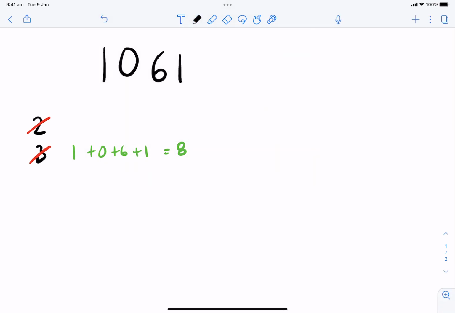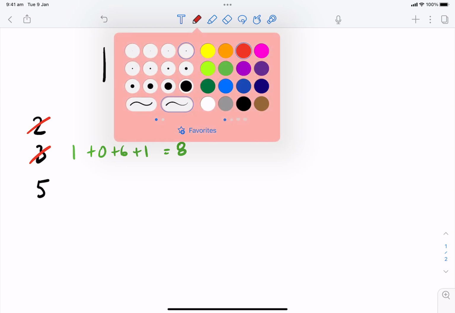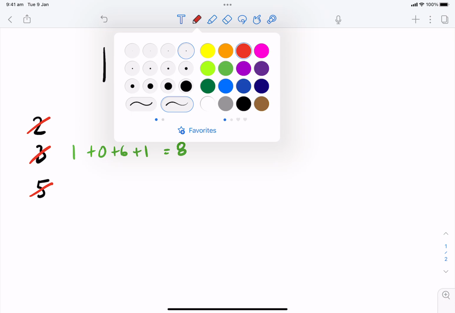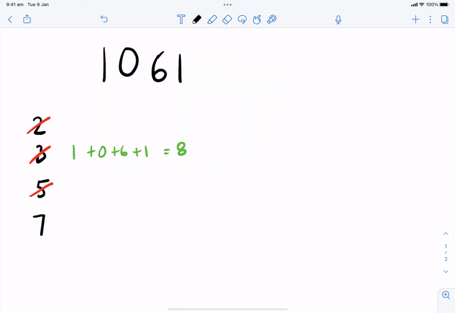I don't need to check 4. Remember, we don't need to check any of the multiples of 2, we only need to check primes. So the next one I check is 5, and it's not divisible by 5 because it doesn't end in a 5 or a 0. At this point, I'd start checking other primes, so it does help to know the list of primes that we need to check, but I'd use a calculator obviously for these.